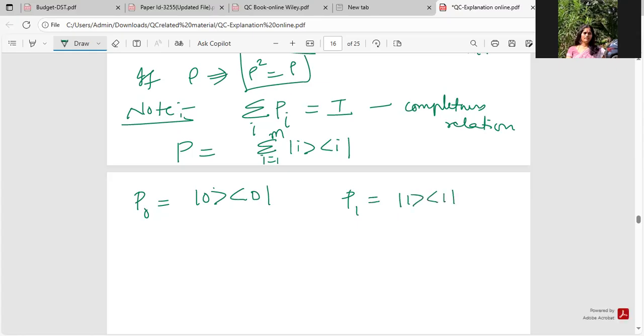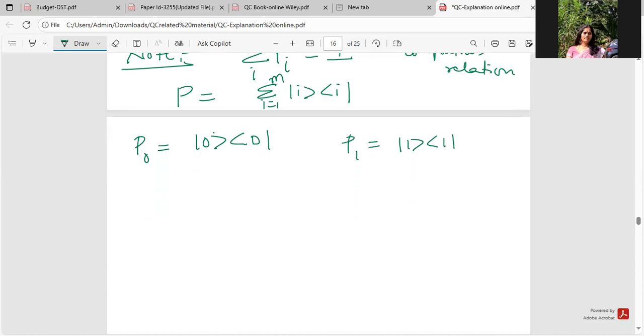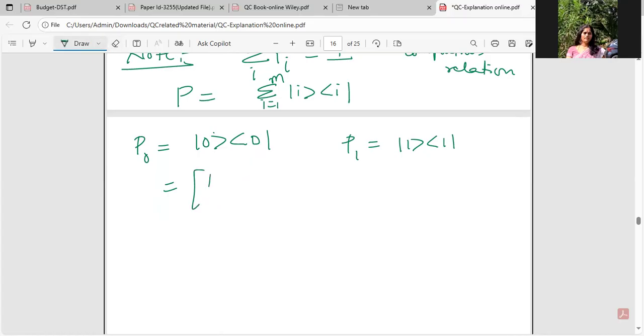Check the completeness relation. Now, outer product, as mentioned in my previous videos, is always a matrix, right? So what would this be? This is not 0, 1, it is 1, 0. I always say get 0 and write 0 first. This is a printing mistake. 1, 0, 1, 0.